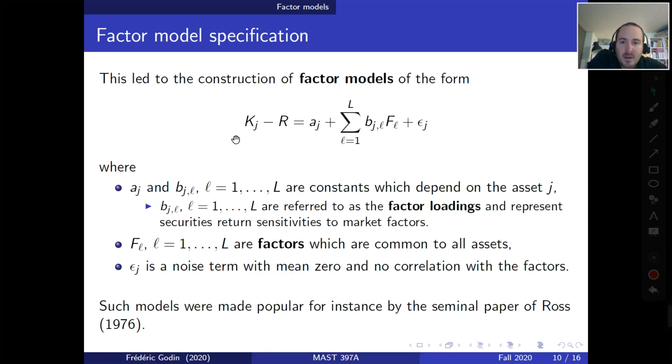Here in the factor model, the typical assumption is that the return on a security J, so this is the excess return on that security J, is equal to A_J, a constant which depends on the security, plus a linear combination, a sum across capital L factors, of B_JL, a constant, the coefficient associated with security J and factor L, times a random factor F_L, plus a noise term, epsilon_J, which is idiosyncratic to the security.